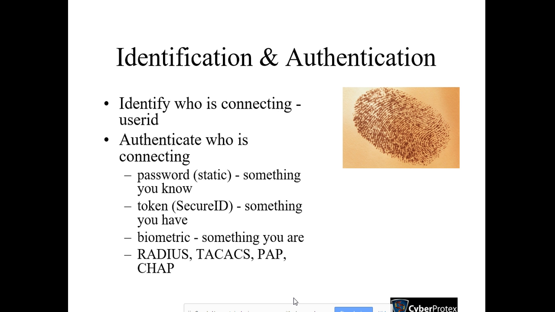So single factor uses one, multi-factor could use any of the two, and it is considered strong authentication to use two-factor authentication. So that could be a user ID and password and a smart card.